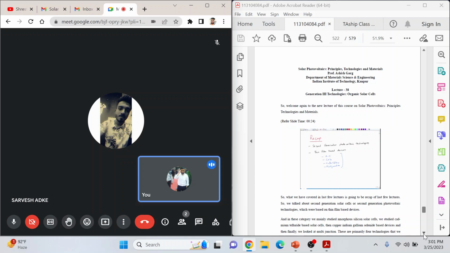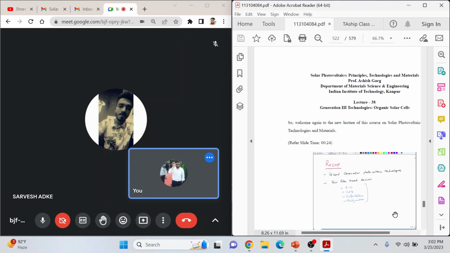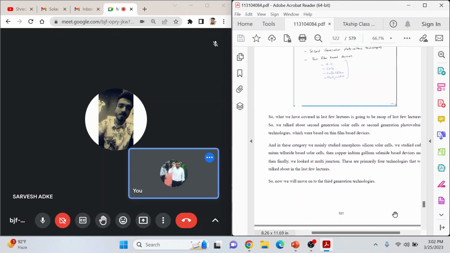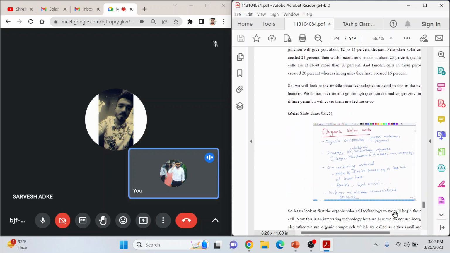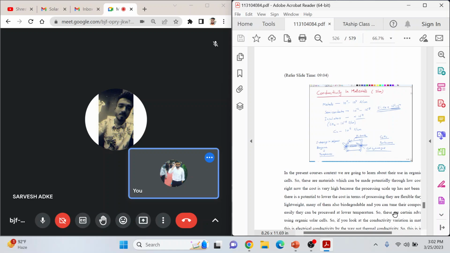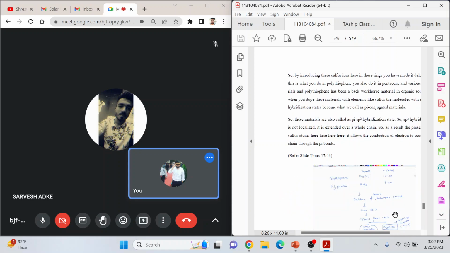And in organic solar cells, if I give the recap, here he has talked about CdTe and all this stuff, and then the third generation, and then what are the organic solar cells, and how the conductivity of metals and semiconductors are different, and how this overlap is responsible for the conductivity.